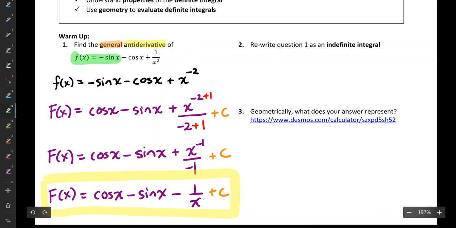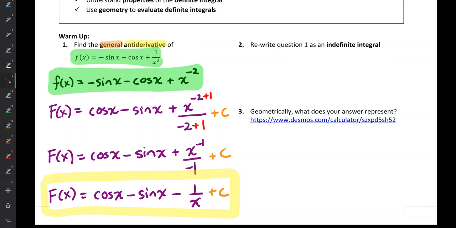I was using green for my f last time. So how could I ask you as a student, the derivative of what function is green? I can ask that with this indefinite integral notation.